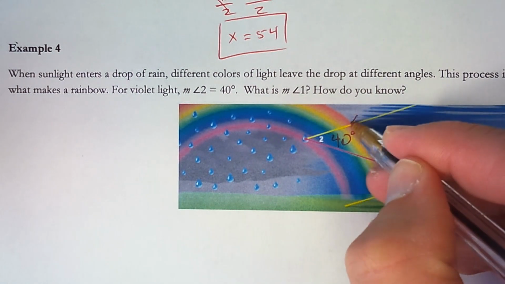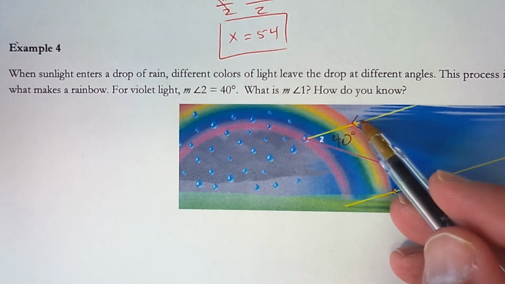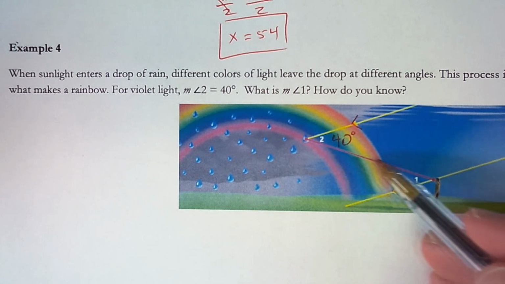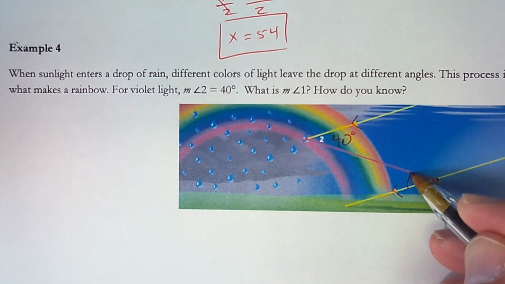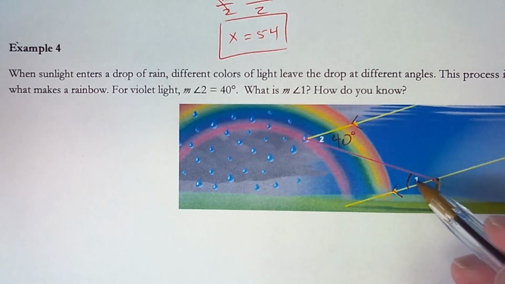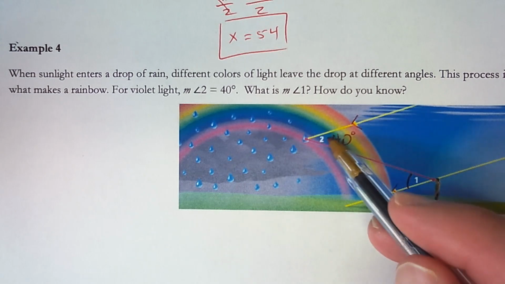Okay, so these lines, these rays of sun, are parallel to each other. Okay, so we've got a reflection of that light at 40 degrees, and that makes violet. What's this angle measure right here? Well, we've got parallel lines, and these are alternate interior angles.